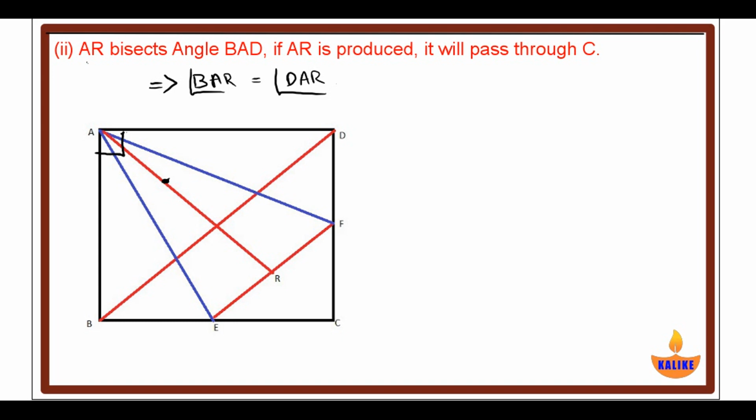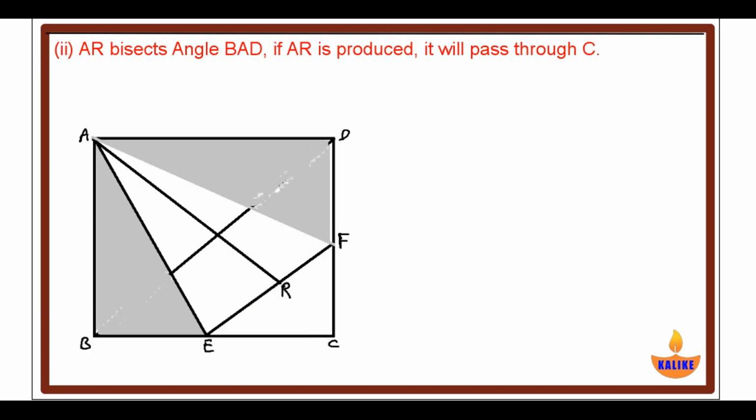Okay, so to prove this, first let's consider triangle ABE and triangle ADF. Consider these two triangles. AB and AD are sides of square, therefore they are equal, and we have proved BE is equal to DF, and angle B is 90 degrees and angle D is also 90 degrees.